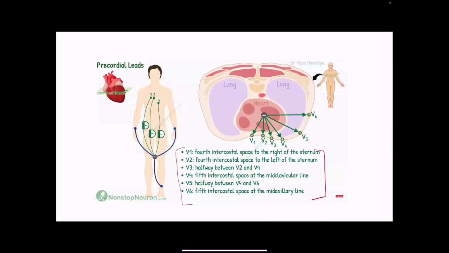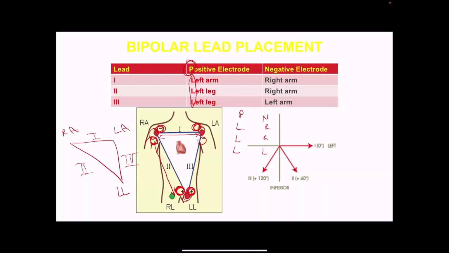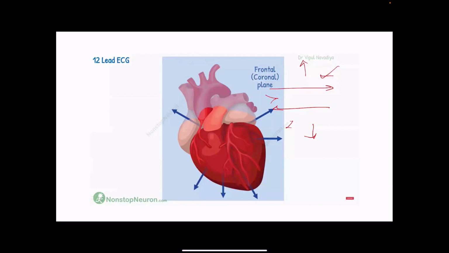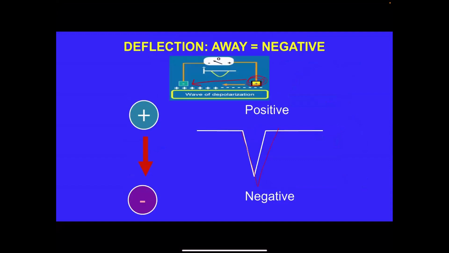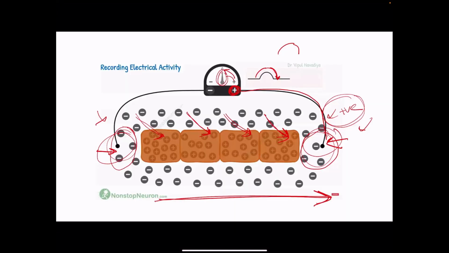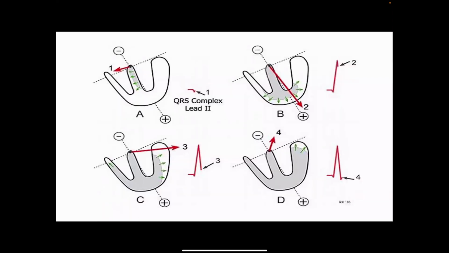Okay, so I want to explain something that's very interesting and it's really nice to understand. If you're looking at the ECG, it's really easy to understand. Let's take lead 2. Lead 2 is going in this direction, okay?